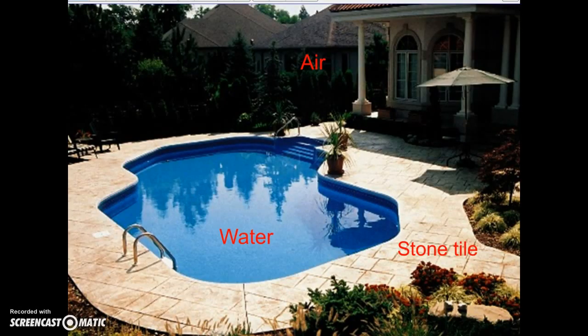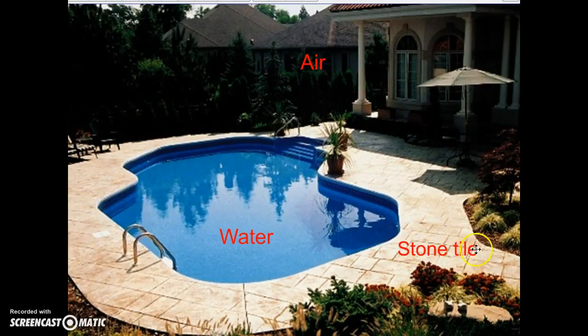Okay? So let's say you are at this person's house and we're looking at 3 materials. We're looking at stone tile, water, and air. Which would be the hottest on a hot July day? Well, you probably know from experience that, let's say it's 85 degrees outside, the air is going to feel hot. The water will not be that warm. You've probably walked barefoot on stone tile, and you probably know that it often will hurt your feet.